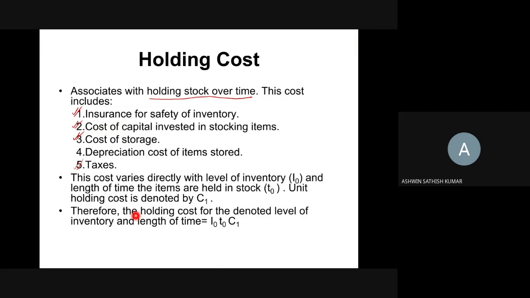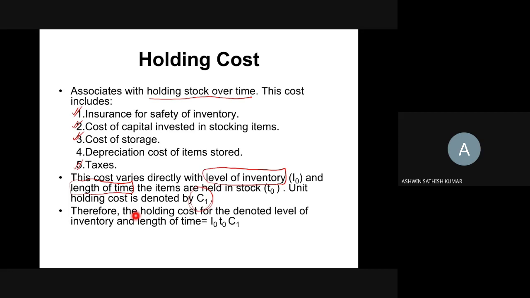Now this cost varies directly with the level of inventory. Means how much inventory we have, and for how much time you have to store. So assume that C1 is the unit cost per item per unit time.